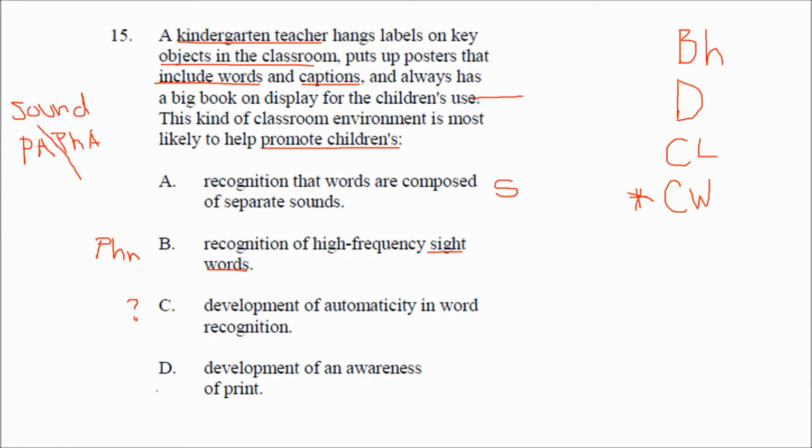The goal for the teachers is to have the student understand that everything has a name. I'm going to pick D, and the reason why I'm going to pick D is this specific sentence here. The teacher hangs labels on key objects. The development and the awareness that there's print.